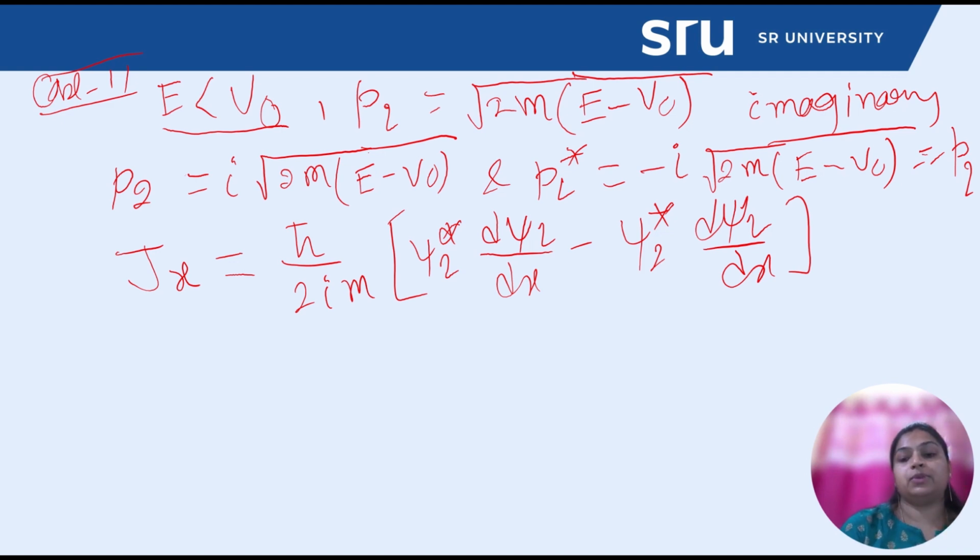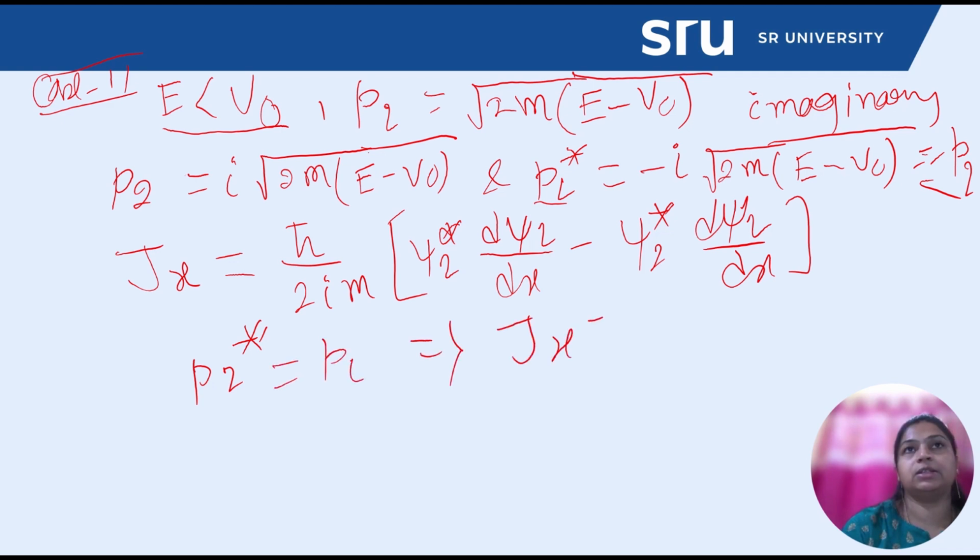If we use the psi 2 value and psi 2 star, substituting P2 star is equal to minus P2, we find that Jx is equal to 0.